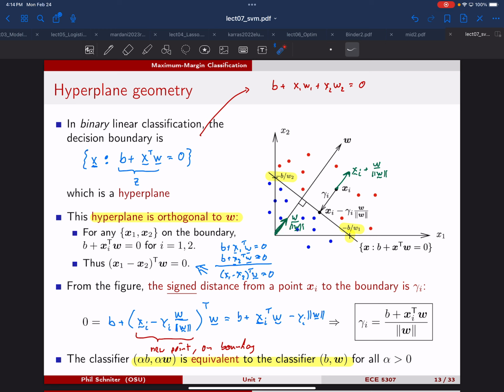Then we tack that direction vector onto our point xi, but multiply it by a real number gamma and figure out which gamma we need to put it on the boundary. Maybe in this case, we need a negative gamma that will bring us all the way to this point on the boundary. This is where we are after we move. So this is our xi.